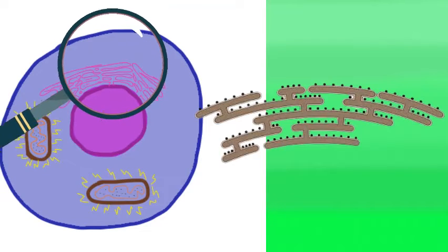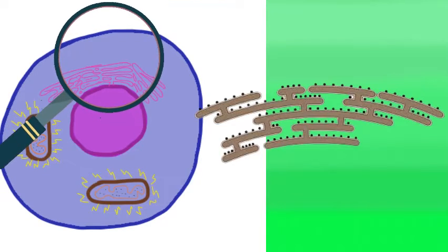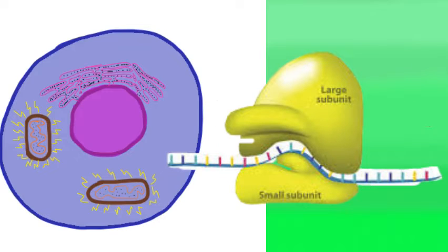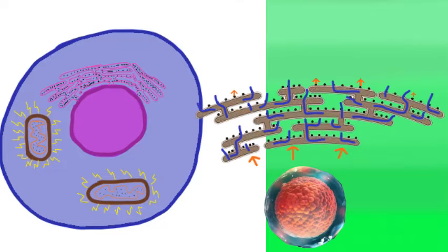Rough ER, a membrane that is next to the nucleus. The rough ER contains dots that are ribosomes sitting on top of it. mRNA travels through these halls and goes into the ribosomes. The mRNA, also known as messenger RNA, that comes out of the nucleus through the rough ER goes into the ribosomes.